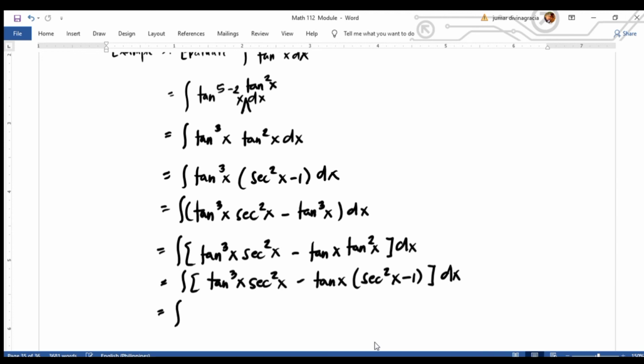So the integral of tangent to the power of 3 of x secant square of x minus tangent of x times secant square of x. We will distribute this one here with the identity, minus or negative times negative 1, that is positive rather. So we have tangent of x dx.